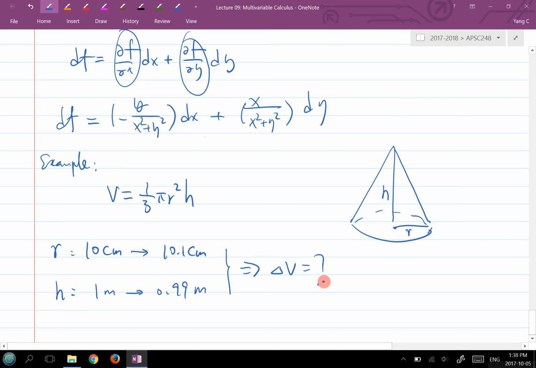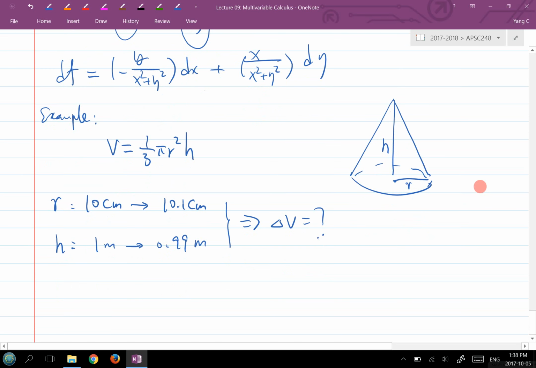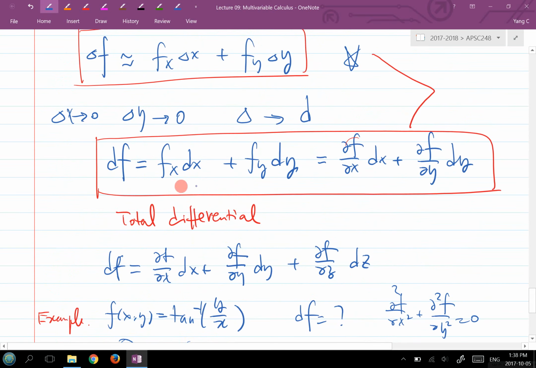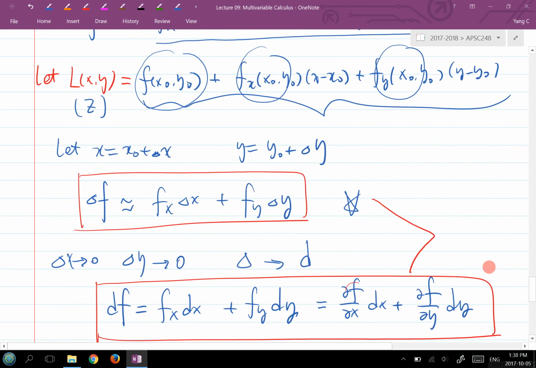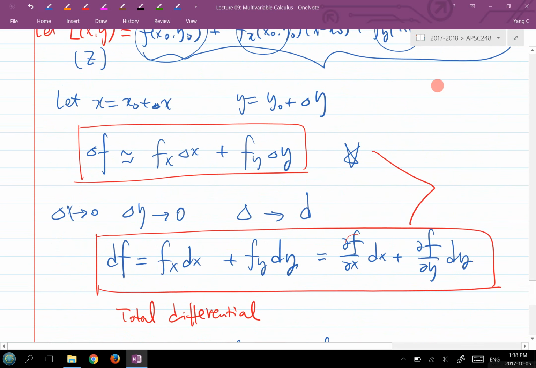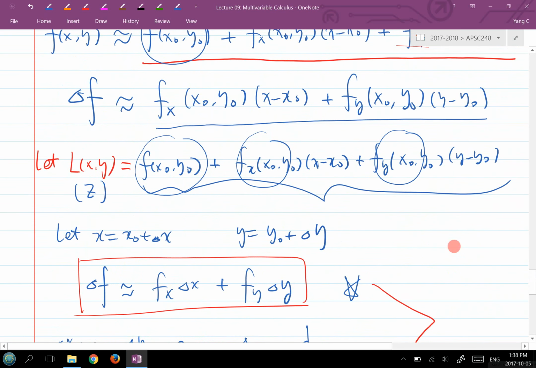So this is basically an application of this concept of total differential here, right? This is the total differential, but if you expand that little dx a little more, it becomes a delta x, and then you can use it to approximate the change in the function f.